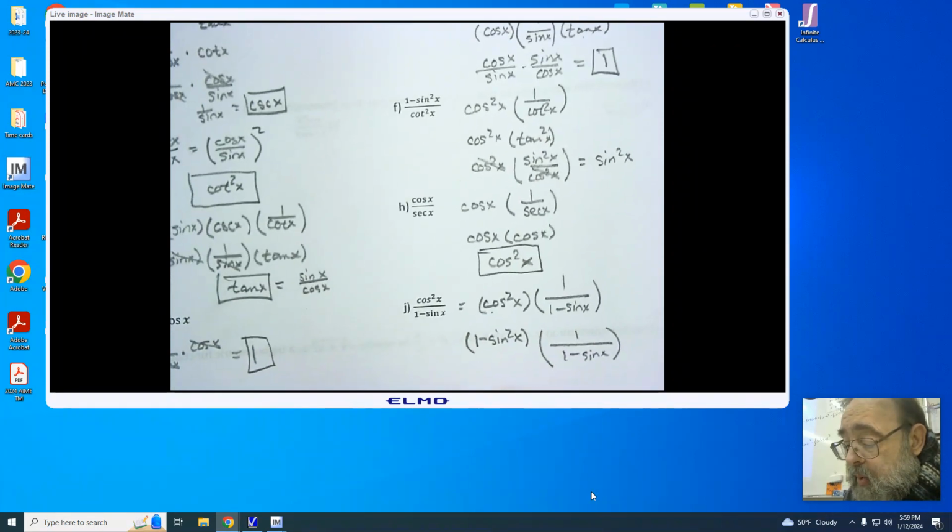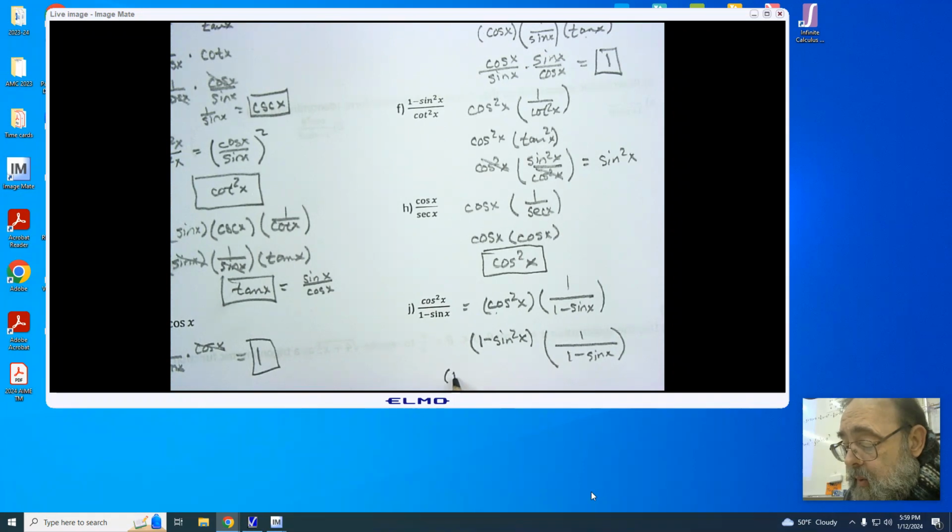And I'm going to have to break this up into its product. 1 plus the sine of x times 1 minus the sine of x times 1 over 1 minus the sine of x. 1 minus the sine of x is canceled, and I'm left with 1 plus sine of x as my answer.